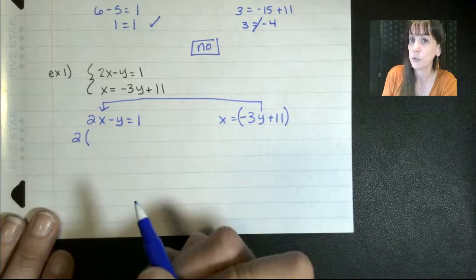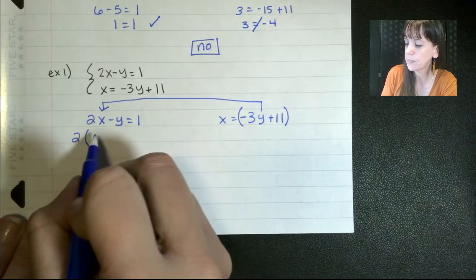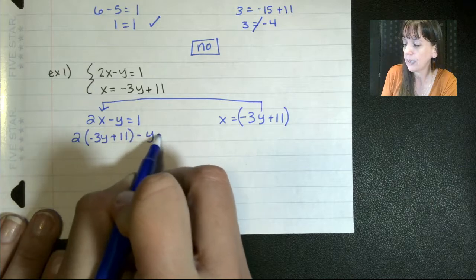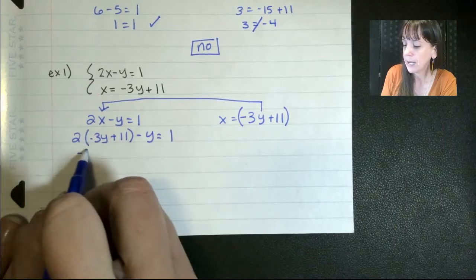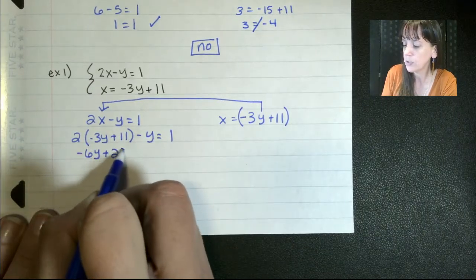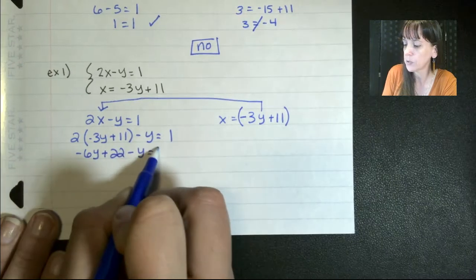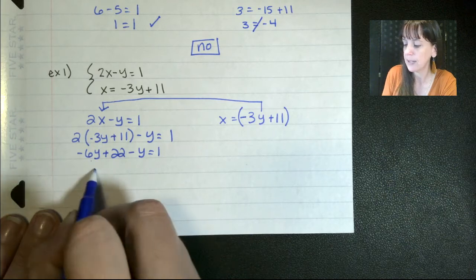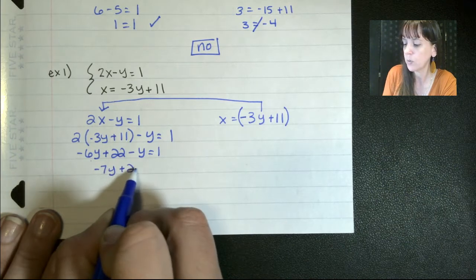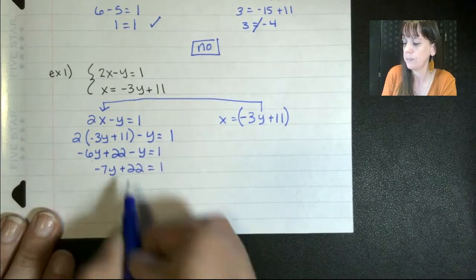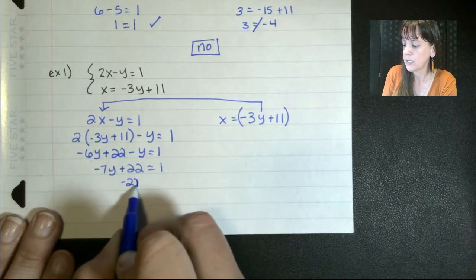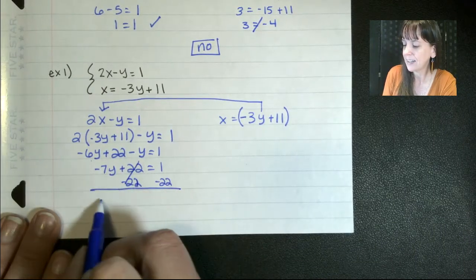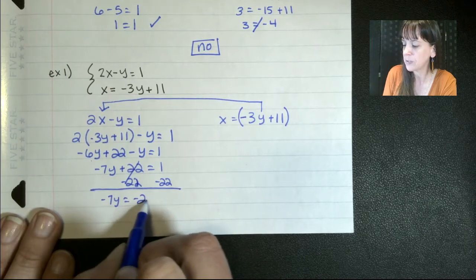So that looks like this. 2 times, and use your parentheses when you're substituting, (-3y plus 11) minus y equals 1. -6y plus 22 minus y equals 1. -6y and -y gives me -7y plus 22 equals 1. Minus 22 from both sides, and I get -7y equals -21.